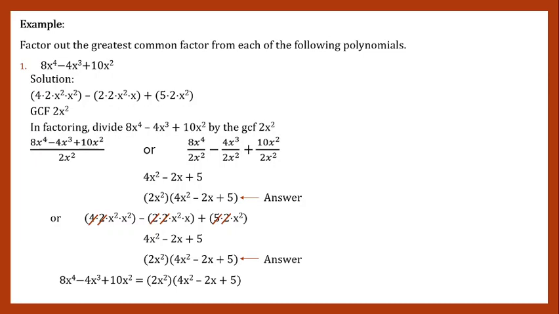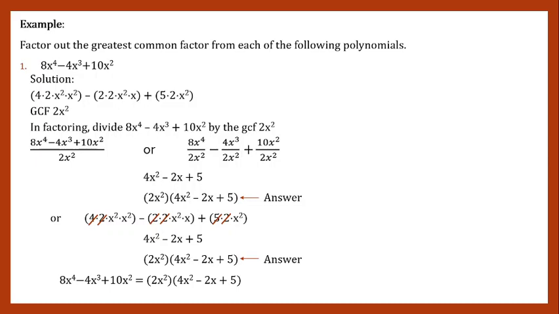Madali naman yan eh. Tapos, sa variables naman, paano ko nagawa yung 4 times 2 times x squared times x squared? Common factor palagi yung, ilalabas nyo palagi yung lowest na power niya. So, from x raised to 4, x raised to 3, x squared ang lowest.